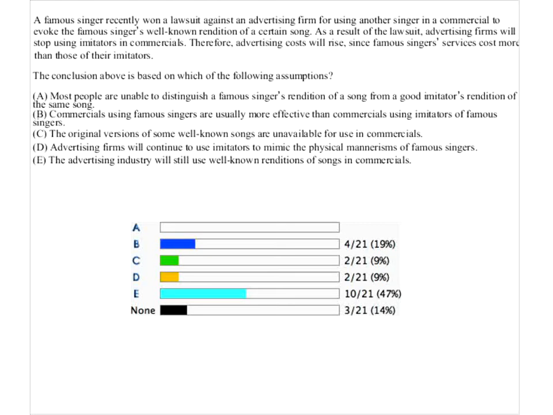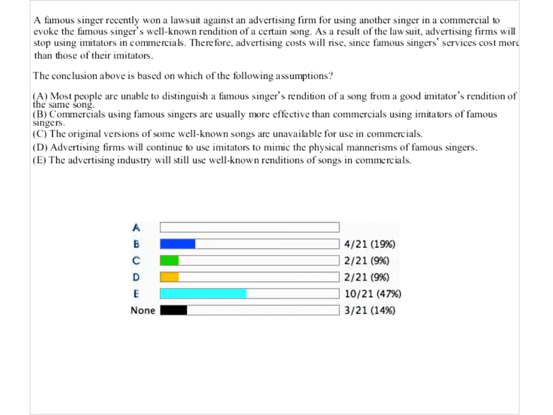So I'm going to copy and paste the problem. Let's see if we can figure this out. It's not letting me copy and paste. All right.